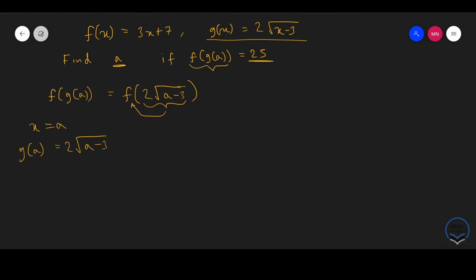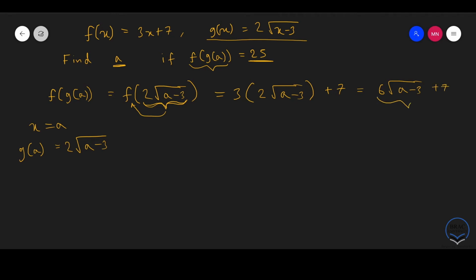Now we input this expression into our function f. So we have 3 times 2 times square root of a minus 3 plus 7, and this gives us 6 times square root of a minus 3 plus 7.